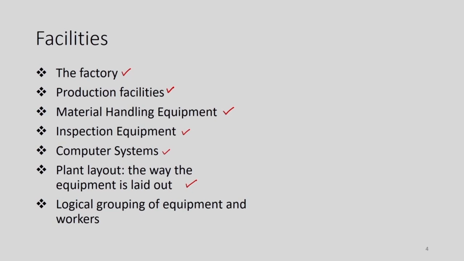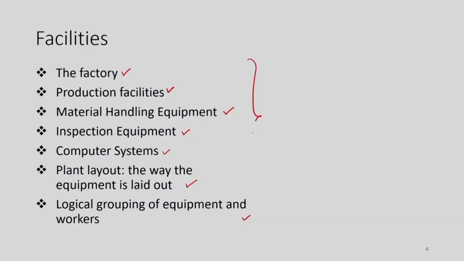So, we cannot randomly prepare the layout on the shop floor. So, we have to have a certain logical grouping, say all the similar kind of machines are grouped together, or we can group the different types of machine tools based upon their utilization, that we call the cells. So, all these things are coming inside the facilities.